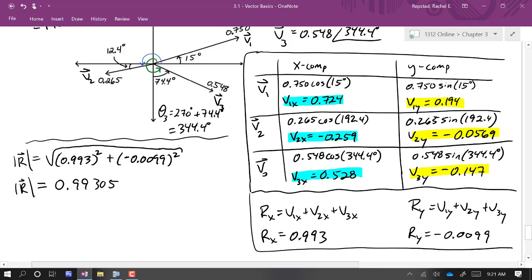And let's see, Rx is positive, Ry is negative, so again we've got a fourth quadrant vector here. Theta will be, since it's in the fourth quadrant, I'm just going to go ahead and make the correction all in one go, so 360 degrees minus arctan of, and then I'm going to plug in positives here, the Ry positive 0.0099 over 0.993.